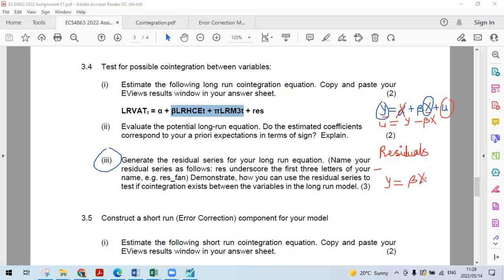We want to see if there's a relationship between y and x. If you look at my model here, can you see that this one has no intercept?